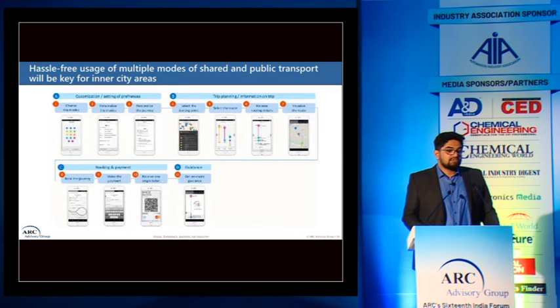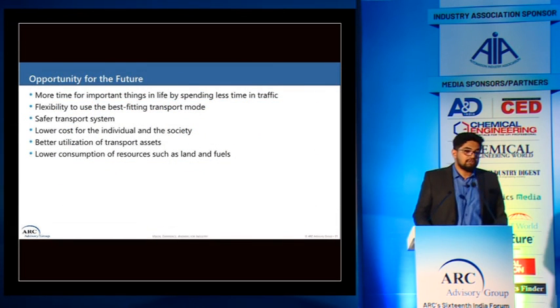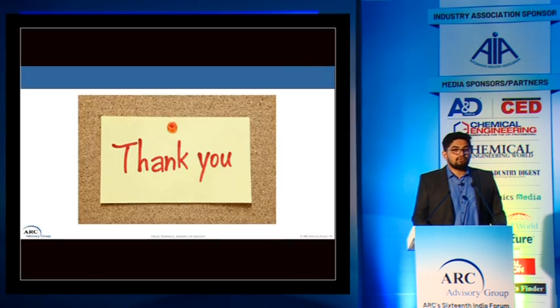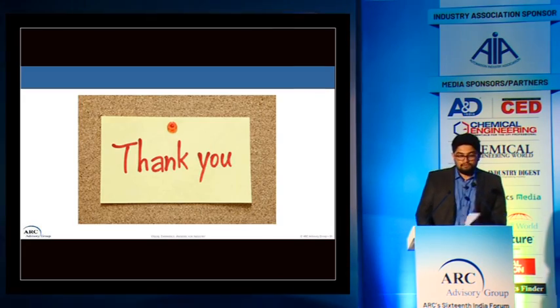So, opportunities for the future: more time for important things in life by spending less time in traffic, flexibility to use the best-fitting transport mode, a safer transport system, lower cost for individuals and society, better utilization of transport assets, and lower consumption of resources such as land and fuels. Thank you.